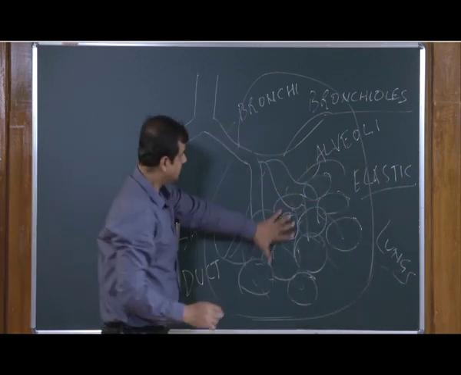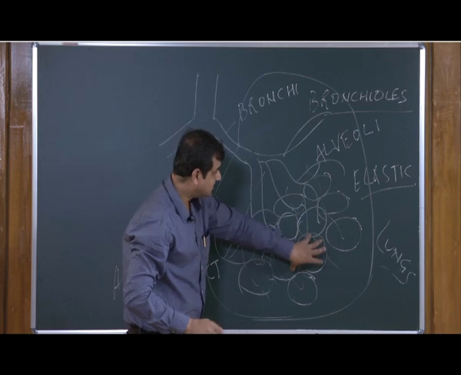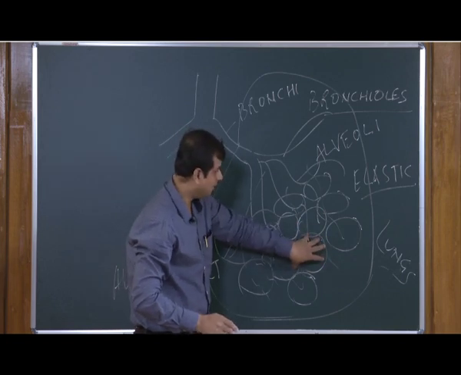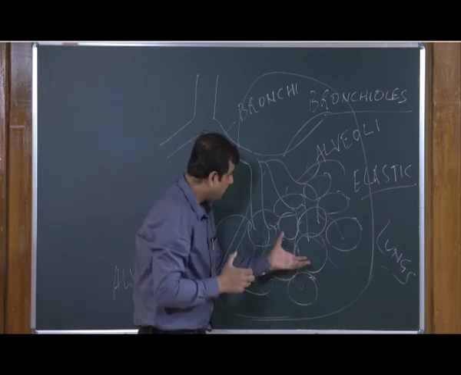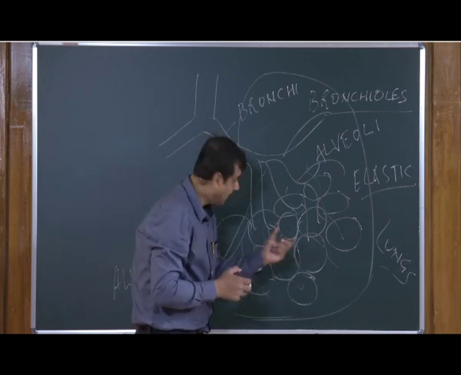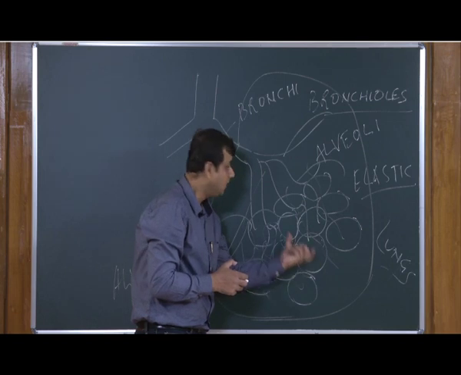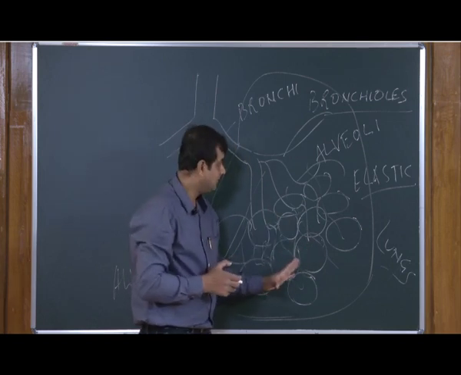These are specialized structures, and the alveoli is the terminal point where we need to understand the exchange of gases. Now we will see what is happening exactly at the level of alveoli, where the exchange of gases takes place.